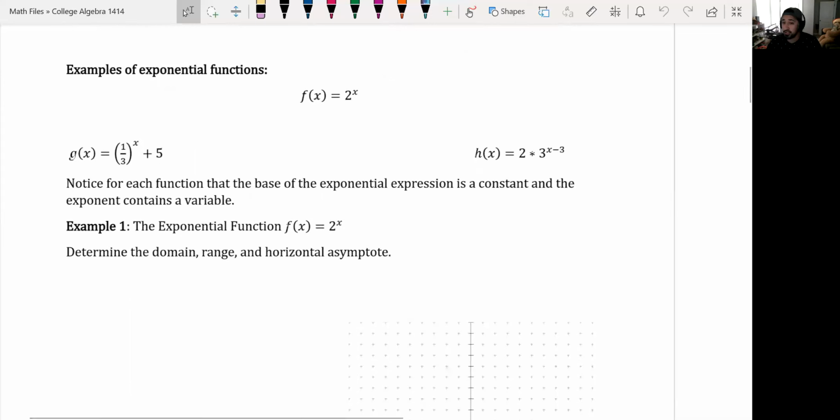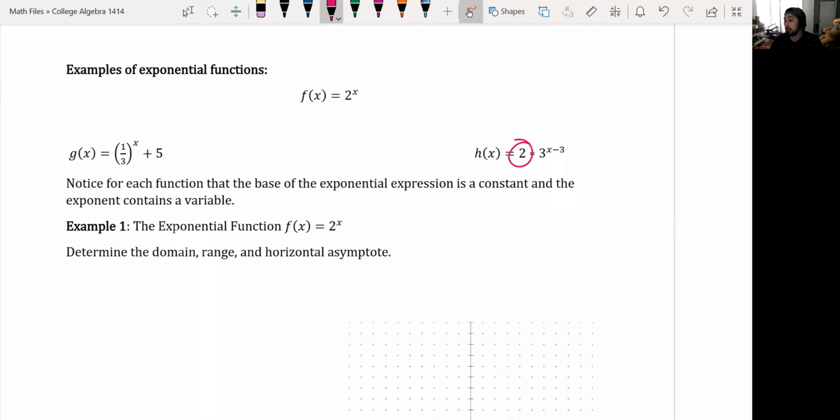Examples of exponential functions: 2 to the x, 1/3 to the x plus 5, and 2 times 3 to the x minus 3. These are all examples of exponential functions. Okay. Also, when you guys are graphing them, you should also notice that you can apply transformations. So this plus 5 would be a vertical shift up 5 units, just like we know.